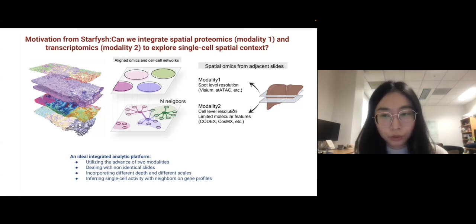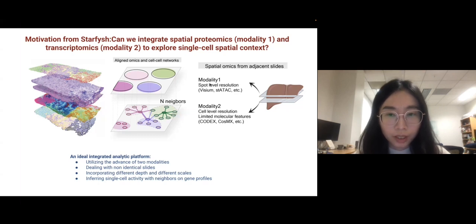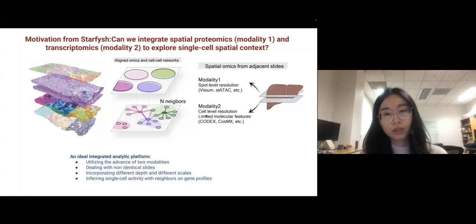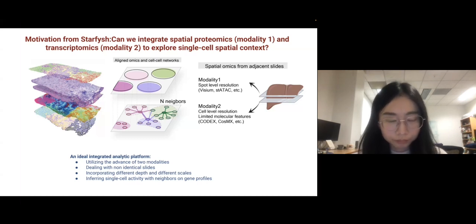In this case, we are trying to integrate modality 1, which has mostly spot-level resolution, for example Visium, or even Stereo-seq, which is probably very close to single cell but still not exactly single cell. And we have a second modality, which has cell-level resolution, for example CODEX and CosMx.